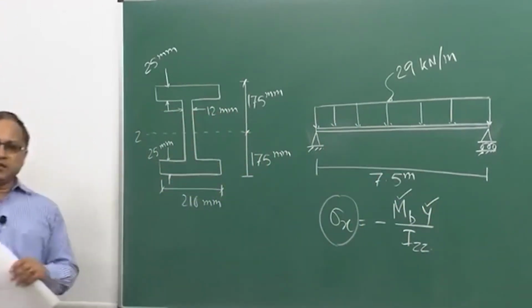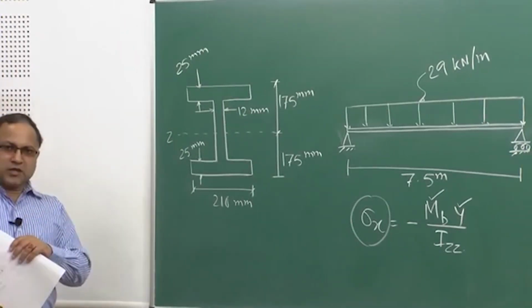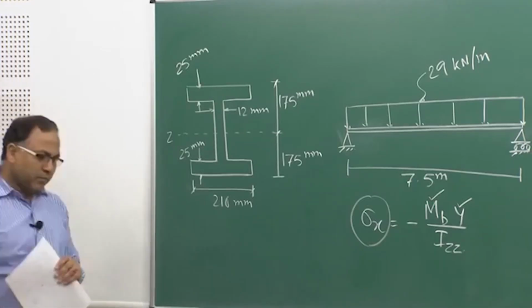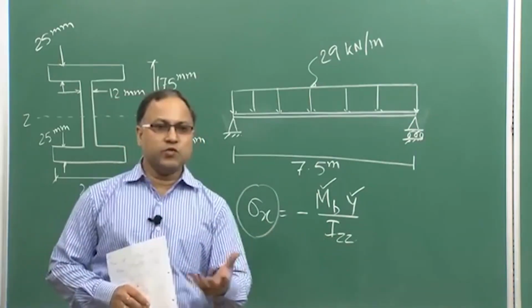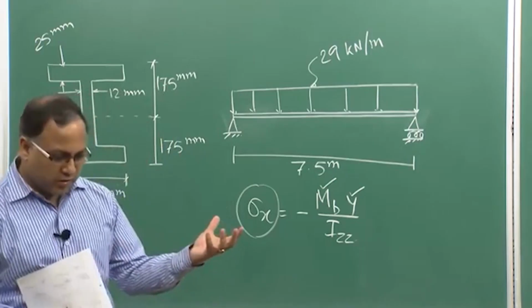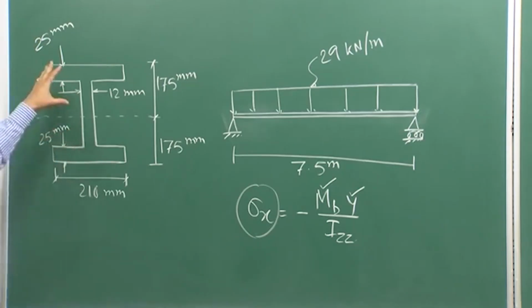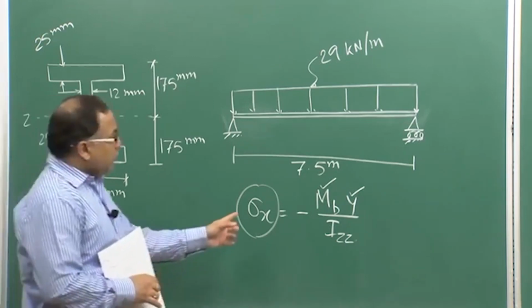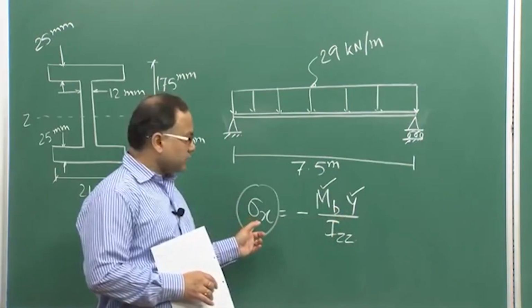What is y? That is the distance from the neutral surface to the upper fiber or the lower fiber. So, this distance should be maximum. Now, IZZ is constant if you are not dealing with a variable cross section along the span. So, IZZ is constant for any particular cross section, is it not? For this I beam, you can calculate IZZ and that is constant. So, you need to maximize both things together to get the maximum bending stress.